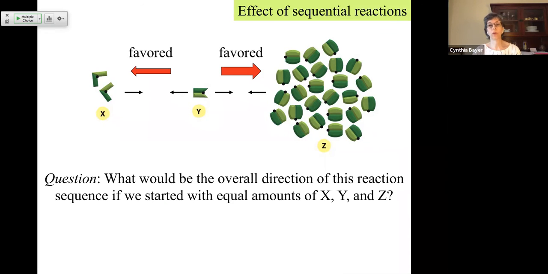What would be the overall direction? Would the overall direction be from left to right or from right to left?